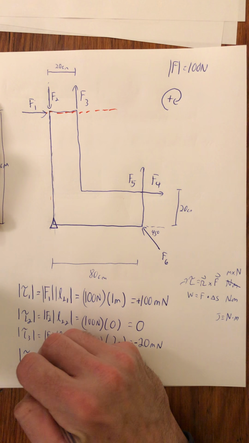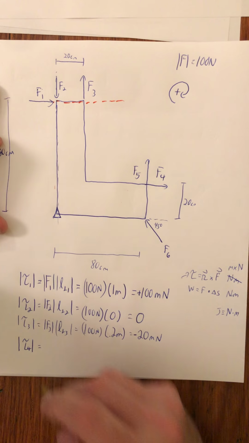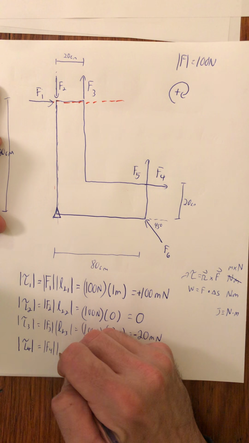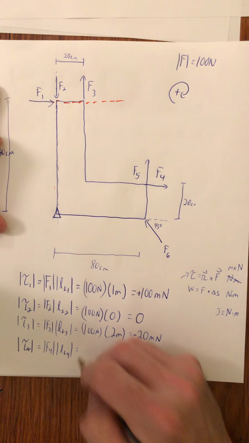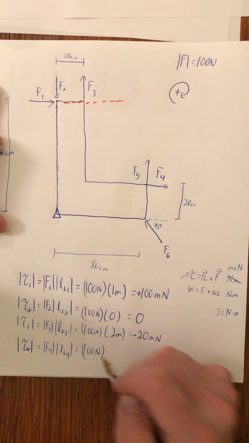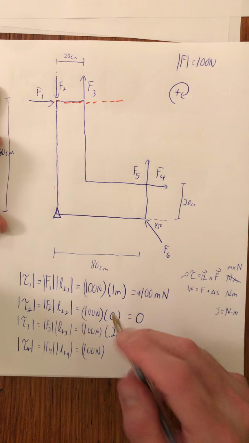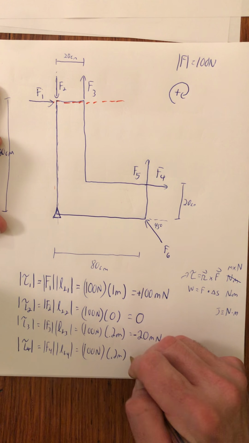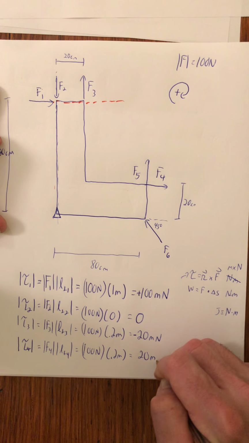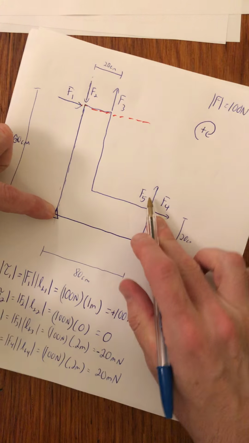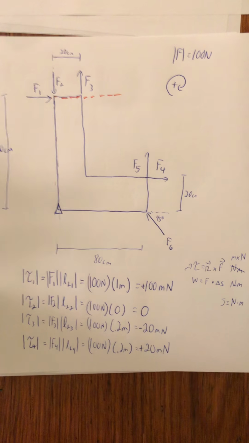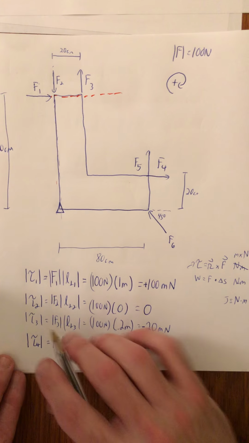So torque 4. What do I got there? Force 4, lever arm distance 4, 100 newtons times, if we look, there is the line of action, and that's another 0.2 meters, so that's 20 meter newtons, and this would cause a positive torque.